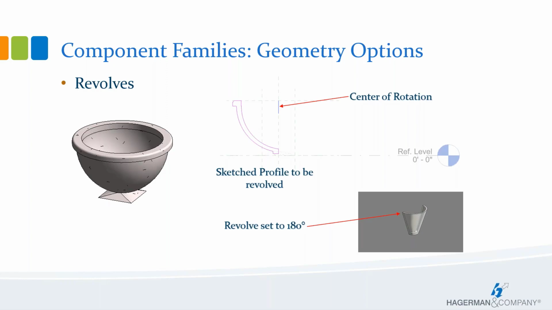In this case, it is set to a full 360-degree revolve, but you can do a partial revolve. For example, maybe you have a wall-hosted sconce light fixture. You could set the rotation to 180 degrees, so you have one flat edge and it will sit flush with the wall.